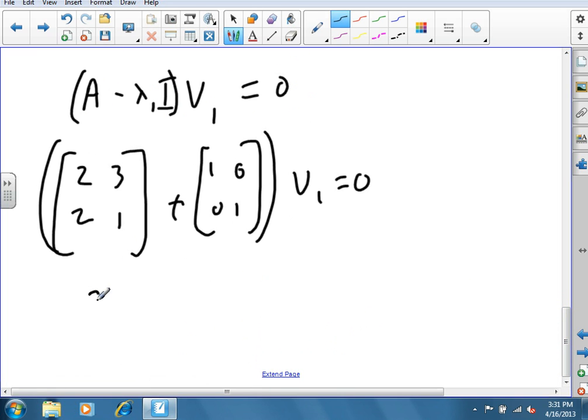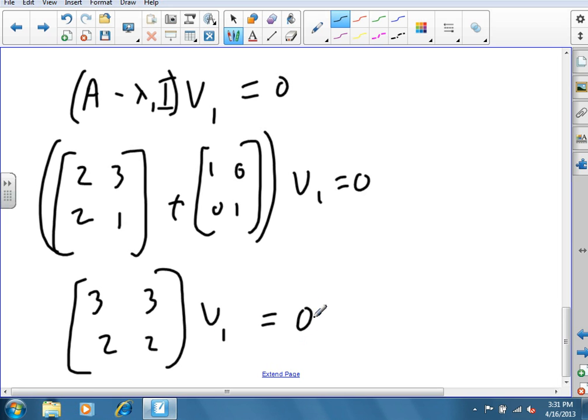Okay, so I got [3, 3; 2, 2] times V1 is equal to 0. Now you're going to tell me what V1 is. Minus 1, 1. Minus 3 plus 3 is 0. Minus 2 plus 2 is 0. Minus 1, 1. So now I have the first eigenvalue and the first eigenvector.